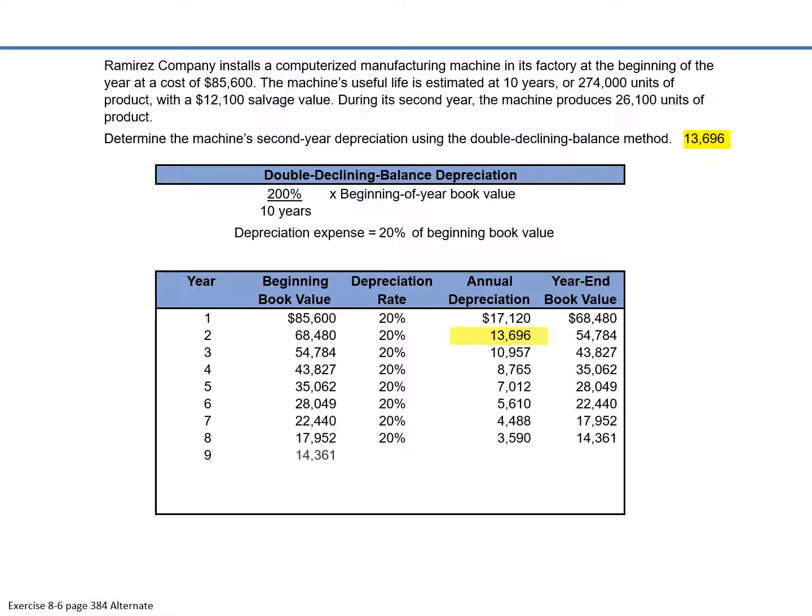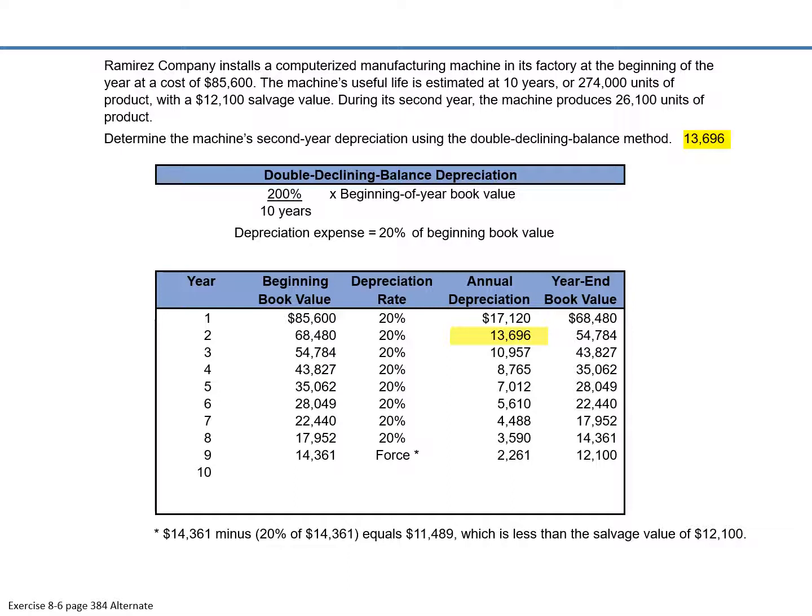Okay. Then we get to year 10. We can't depreciate the entire balance because we'll go below the salvage value. So we're going to force it. So we're going to book $2,261.